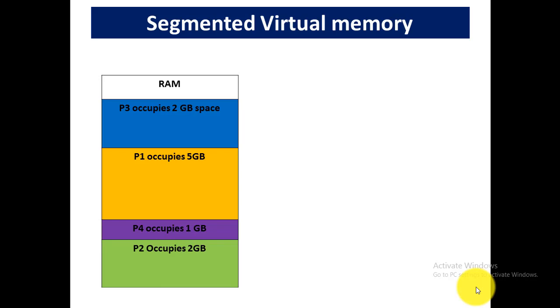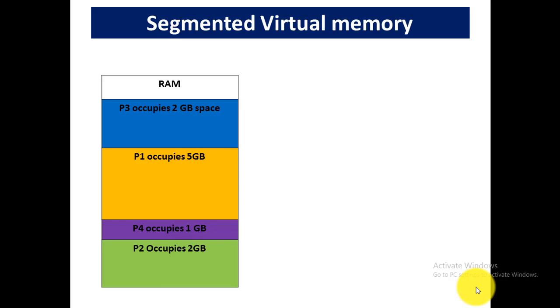In the RAM, you can see that P1 is a bigger segment as compared to P2 and P3. P1 occupies 5 GB of space in RAM, while P2 occupies 2 GB, P3 occupies the same 2 GB, while P4 occupies only 1 GB. So all the processes, all the segments take space in RAM according to their sizes. All segments are of different sizes.